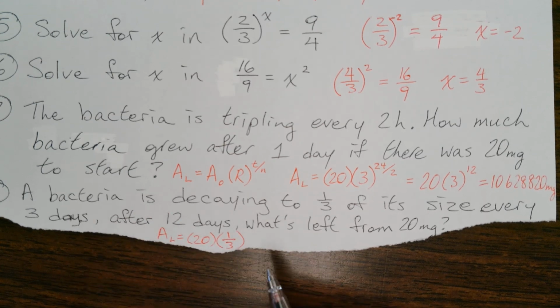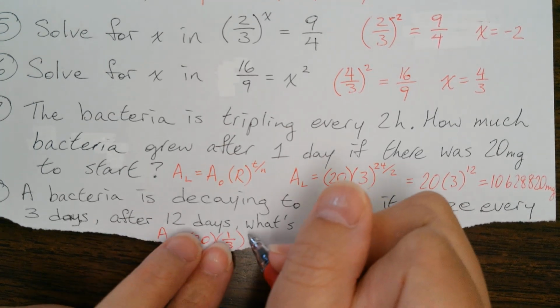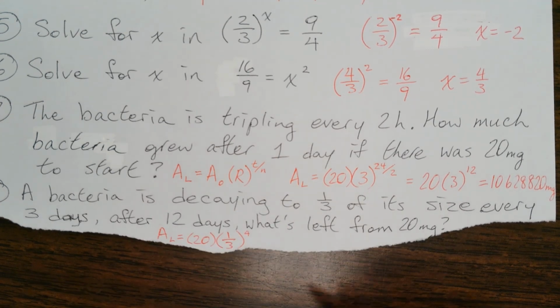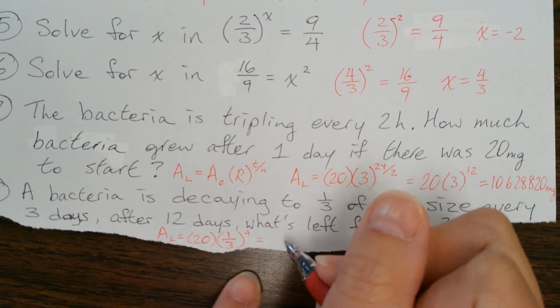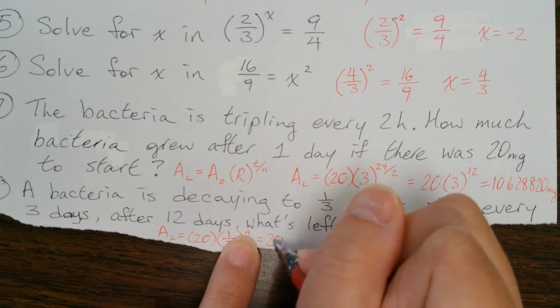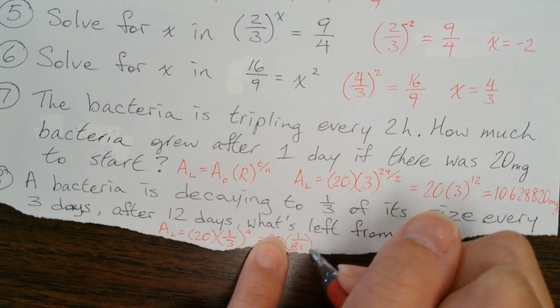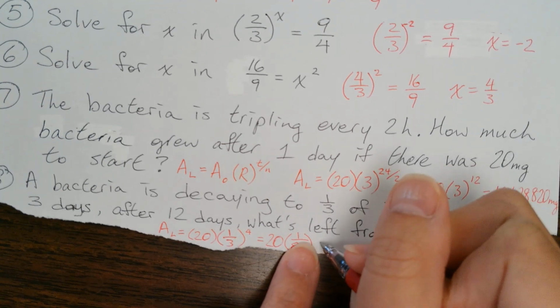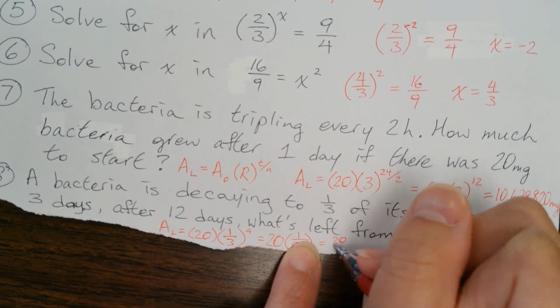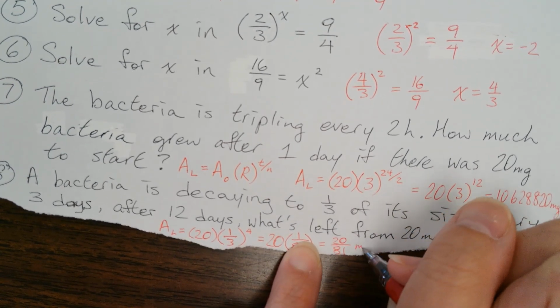So what's my exponent? Yeah, 12 over 3, which is 4. So leave it in fraction form. So 20 over 81. Okay, and so your final answer, 20 over 81 milligrams.